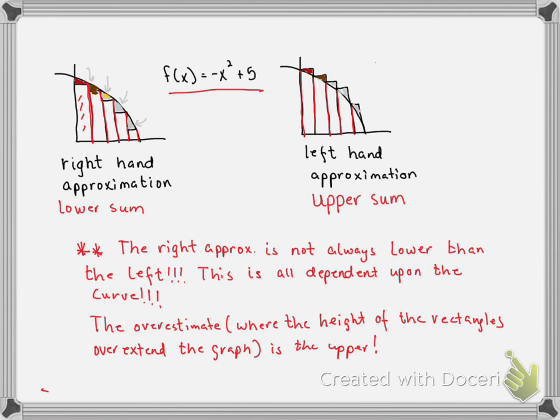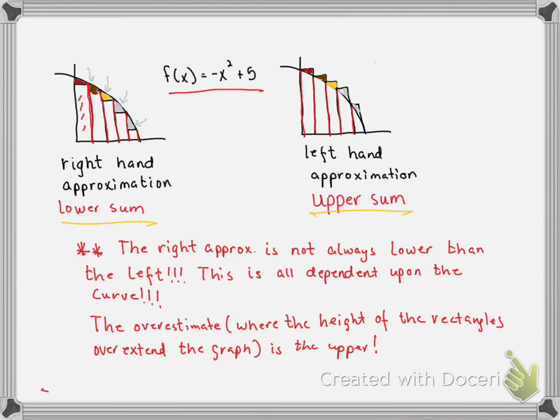Right here, same thing, coloring it in yellow. What we're under in the right-hand approximation is exactly equal to what we're over in the left-hand approximation. So, if you did not discern from that, if you add the lower sum and the upper sum together and divide by 2, you will get the exact area under that curve.